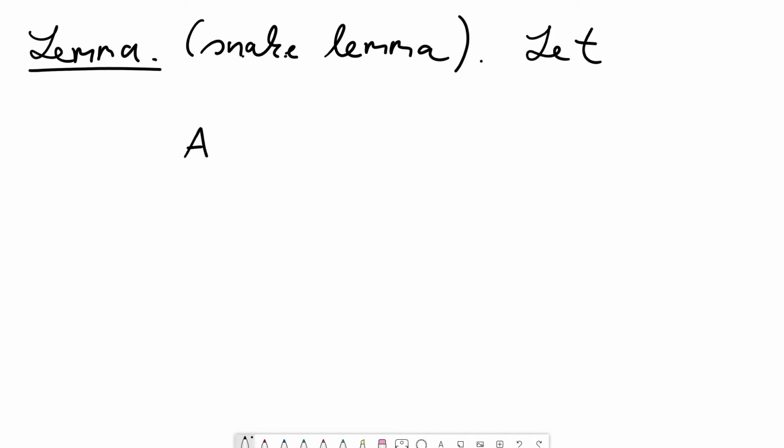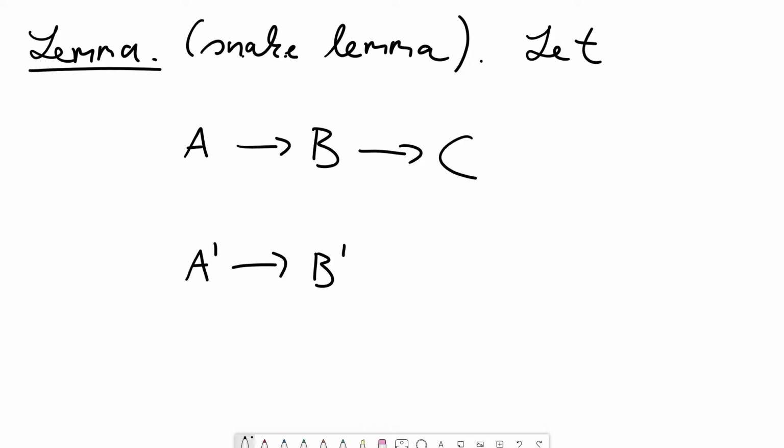We start with one R module A, got another one B here, yet another one here called C. And we've got another row of such modules, call them A prime, B prime, and C prime. And now we also have arrows in the vertical direction pointing from A to A prime, B to B prime, C to C prime.